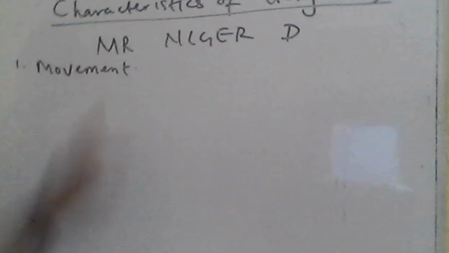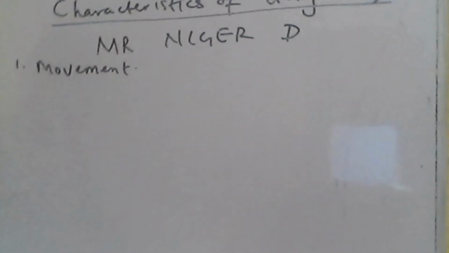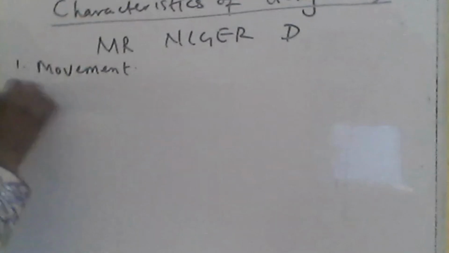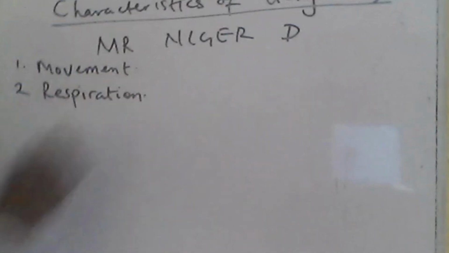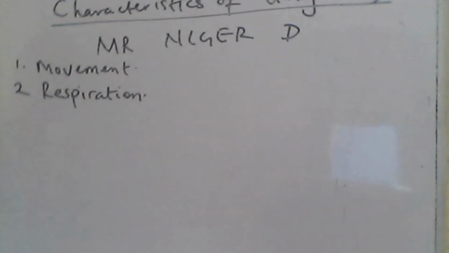Second letter here, R, stands for respiration. So we're trying to build the acronym MRS NIGER D. So respiration. What is respiration? Respiration is a chemical process by which organisms break down food, mainly glucose, to release energy.